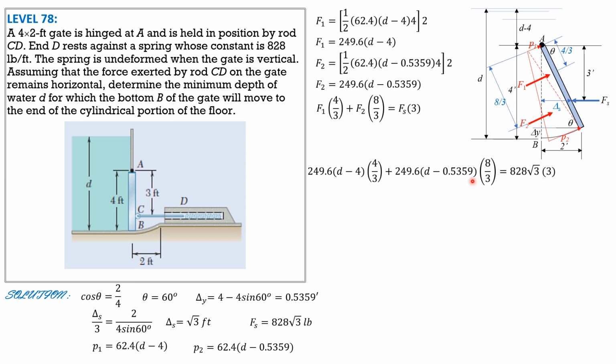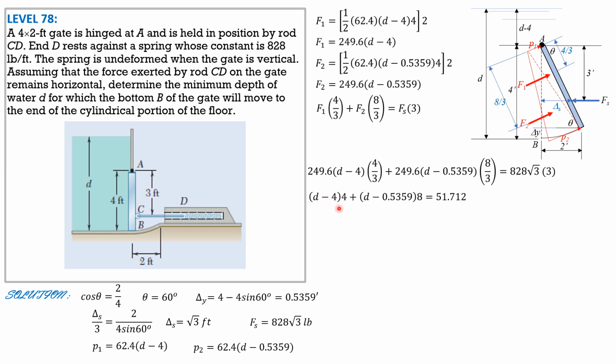So multiply everything by 3 and divide by 249.6. So we have quantity D minus 4 times 4 plus quantity D minus 0.5359 times 8 equals 51.712.